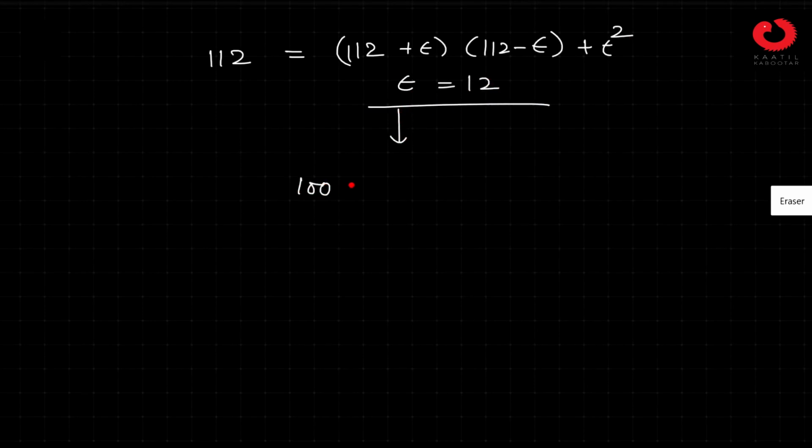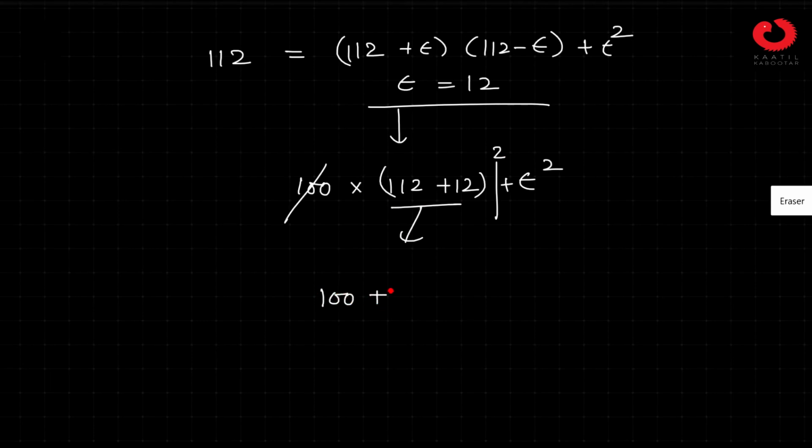It will come as 100 into 112 plus 12 epsilon square. Now this 100 can be removed with a balancing line and put over here 2. So simplifying this as 100 plus 2x, there is 2 and epsilon square, meaning x square.